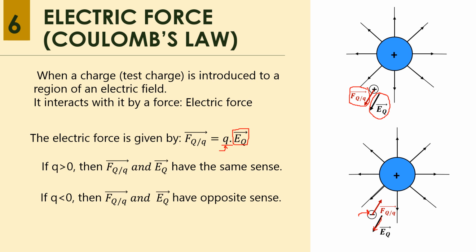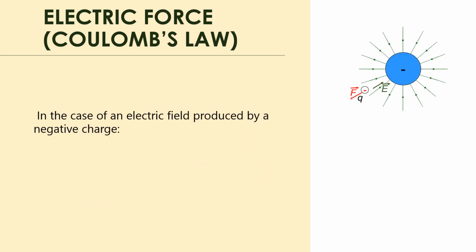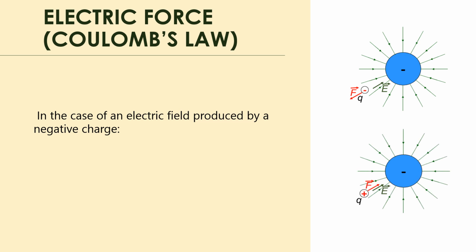Got this point? Now let's take another scenario, when the charge producing the field is negative. Notice the field lines shown in green are incoming, going into the charge itself. So electric field lines are inwards. The charge that we inserted here is shown as a circle with a negative sign inside.